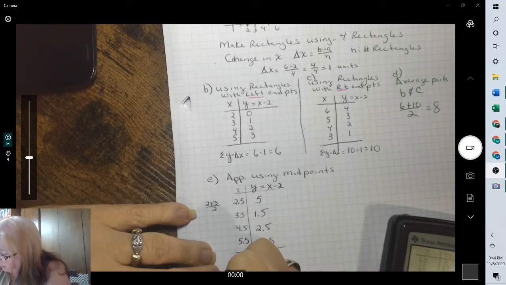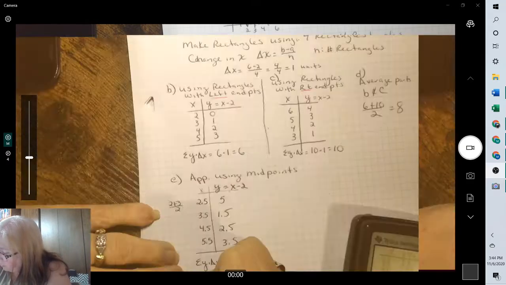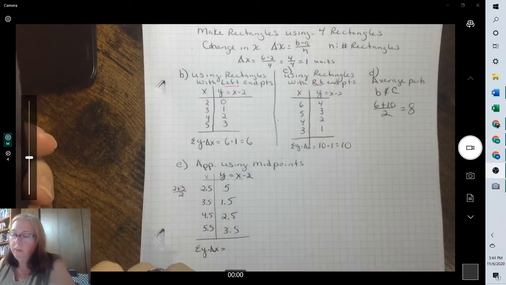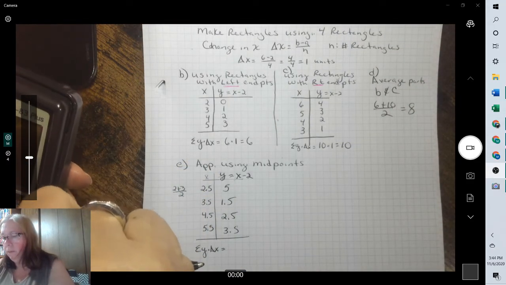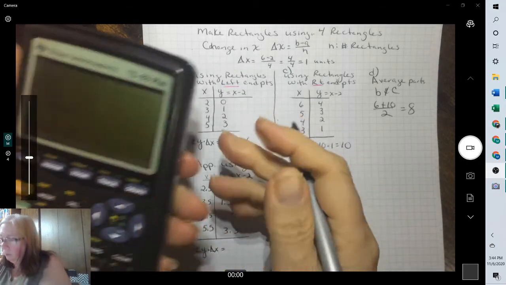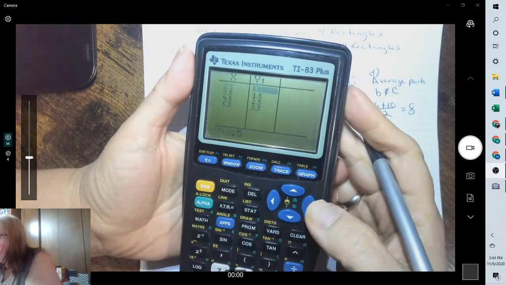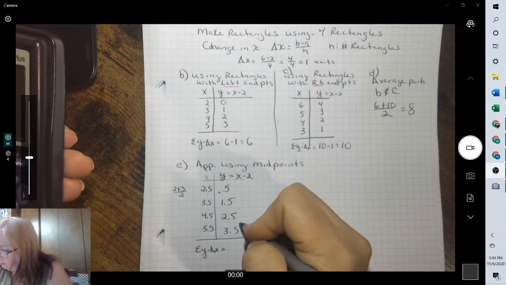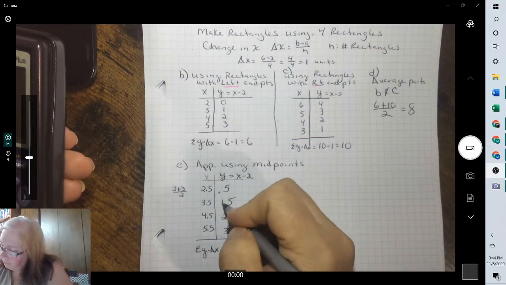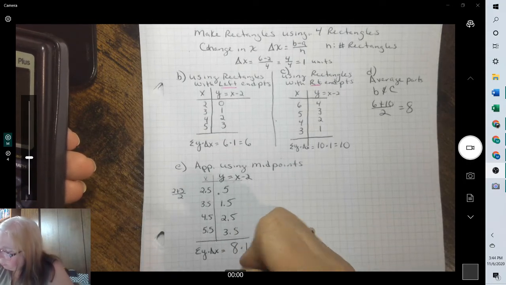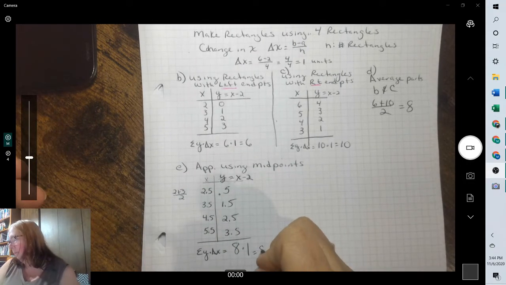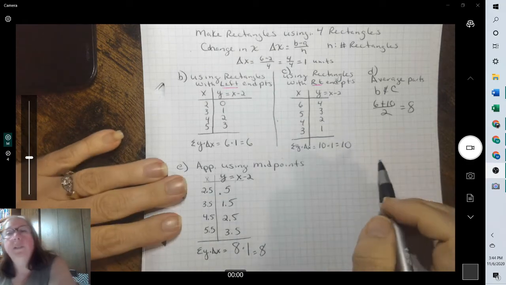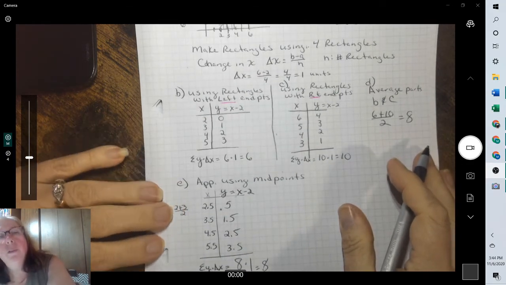And then we add them up, multiply by our change in x, and we get, oh, this is 0.5 now that I look at it closer. It's a 0.5. So that's 1, 2, 3, 4, 5, 6, 7, 8 times our change in x, which is 1. It gives us 8. So it's different ways that they use to find values.